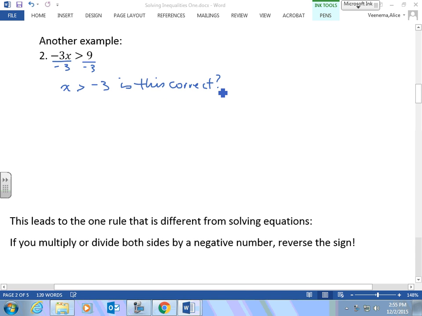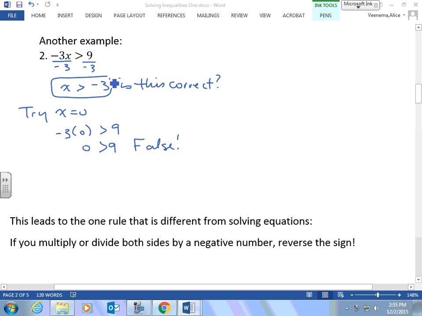Let's test using those intervals from before. So x greater than -3, well 0 is greater than -3, so let's try x equals 0. So we have -3 times 0 is greater than 9. We end up with 0 greater than 9, which is false. So that doesn't make sense because we've said here that x is greater than -3.